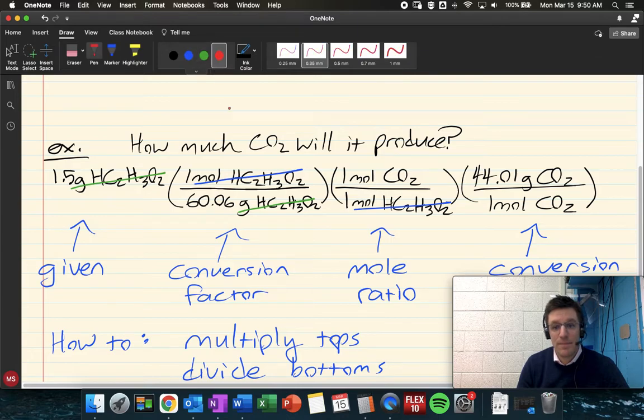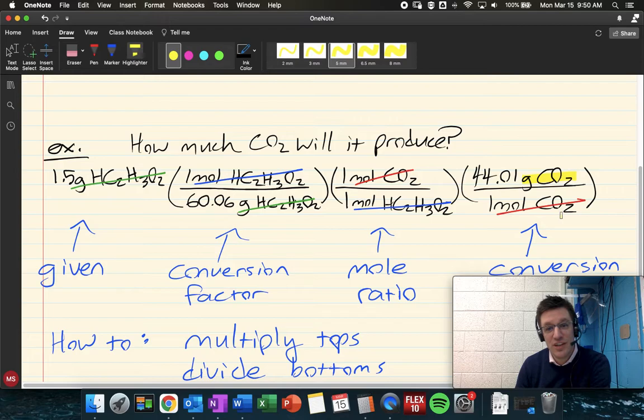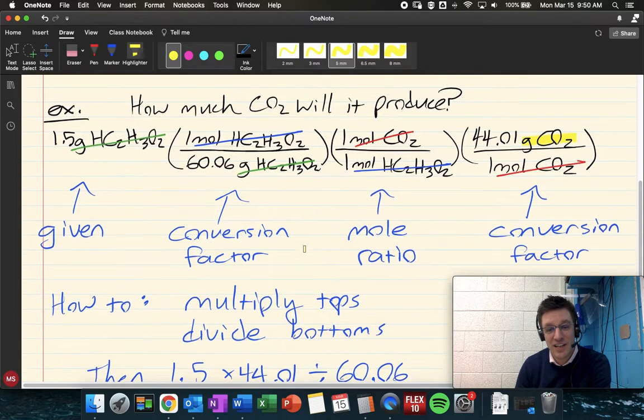Last term, I've got moles CO2 on top and moles CO2 on bottom here. Those cancel. And that leaves me with only 1 unit left in the problem, right? I've got grams CO2 right there. That's the only unit I have left once I'm done canceling.